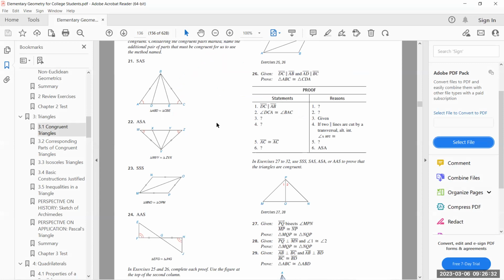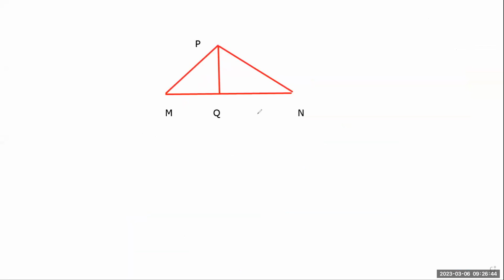So MQP, I'm going to have to move this up. Give me a minute.